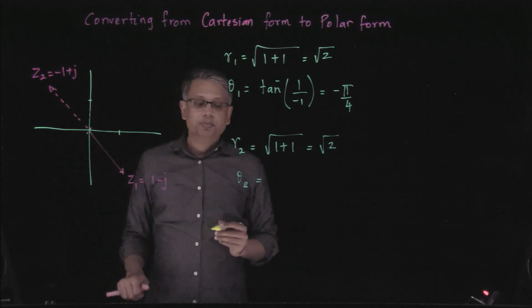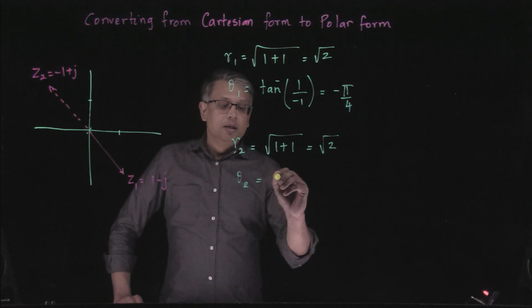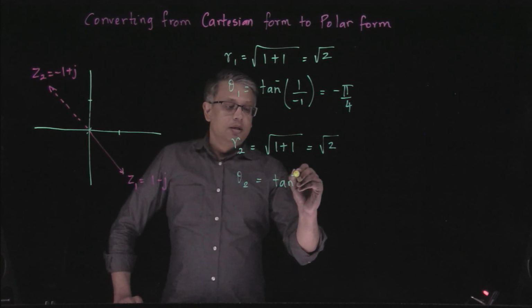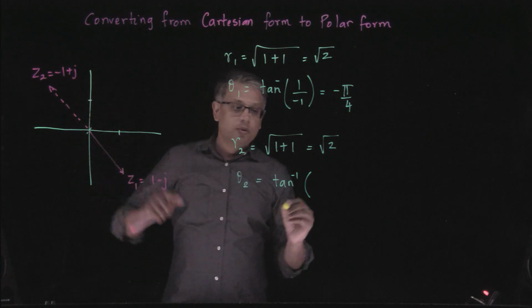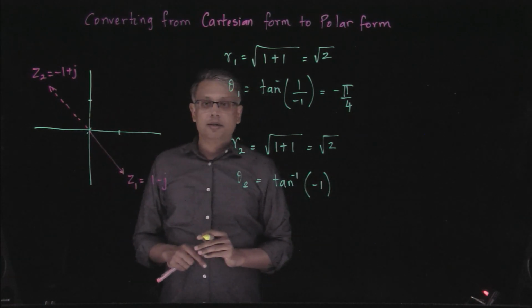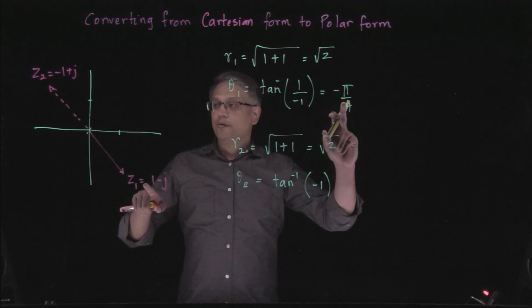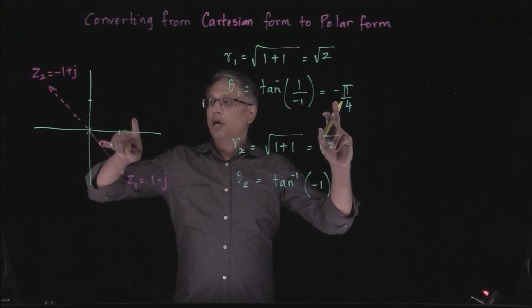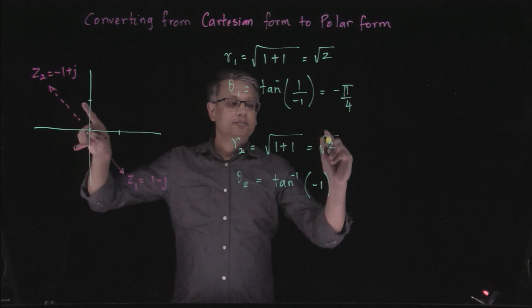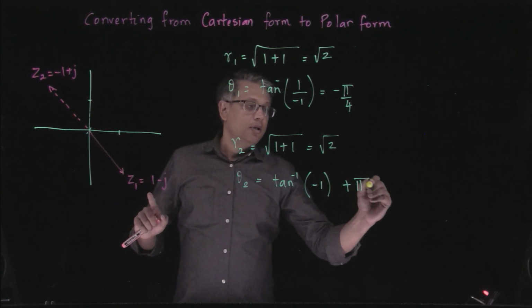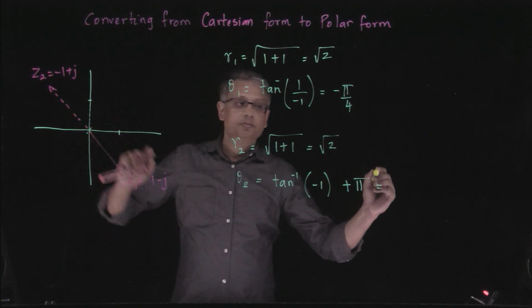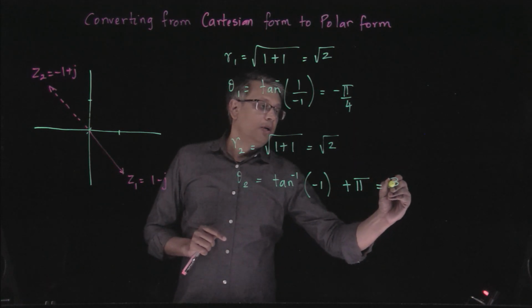So theta 2 should be, if you naively take the inverse tangent, you will again take inverse tangent of negative 1, which you will get negative pi over 4. But what you need to do is to add a pi. And that will give you 3 pi over 4.